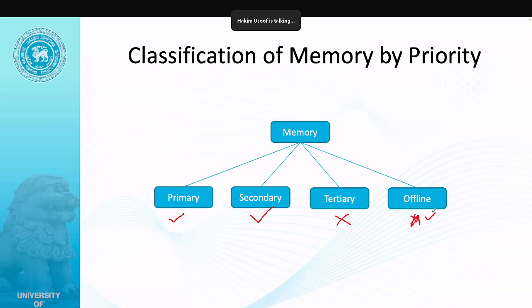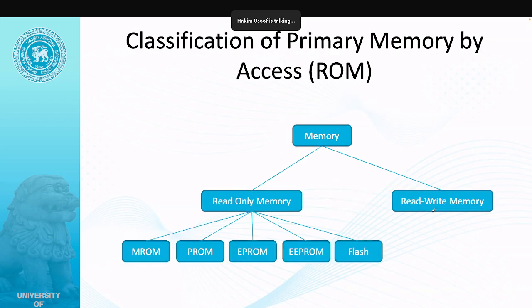So primary memory can also be categorized into two types. One is called read-only memory. You can only read from the memory, you can't write into that memory. That's called ROM. Now, this memory is quite interesting because when you turn off the computer, you don't want to lose some of the programs.